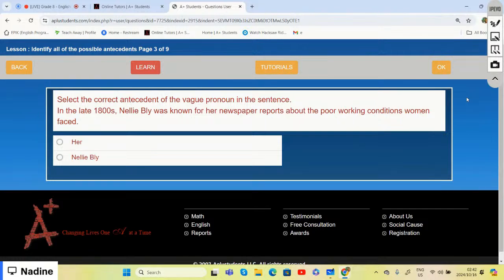All right. It says, in the late 1800s, Nellie Bly was known for her newspaper reports about the poor working conditions women faced. So now we need to select the correct antecedent of the vague pronoun within the sentence. Is it her or Nellie Bly?